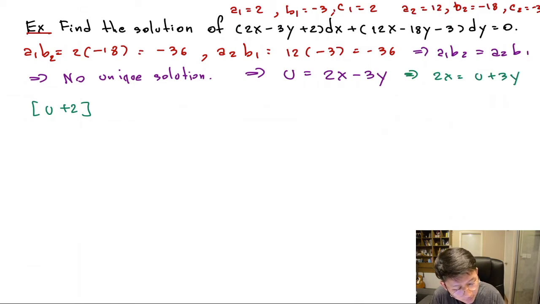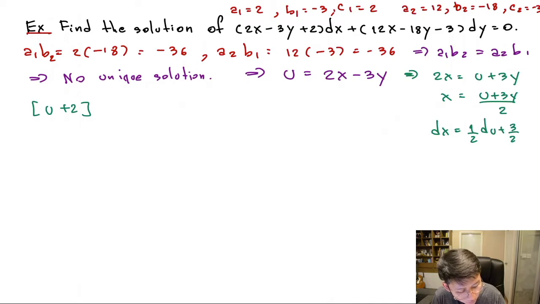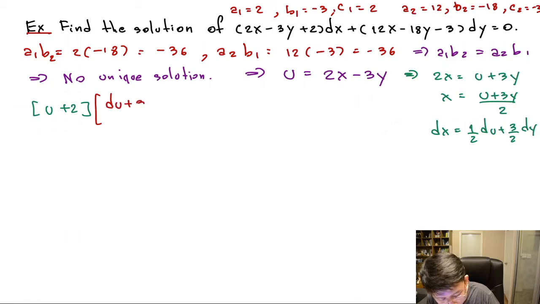So x is u plus 3y divided by 2. It means that dx is 1/2 du plus 3/2 dy, right? So just put it here. So here dx is du plus 3 dy divided by 2.